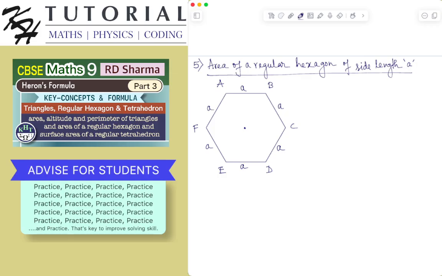So you can see that, let's say this is the center O. If we draw a perpendicular from center O on the side BC, it will bisect the side BC. Also, let's say these are the perpendicular bisectors of the sides of the regular hexagon.